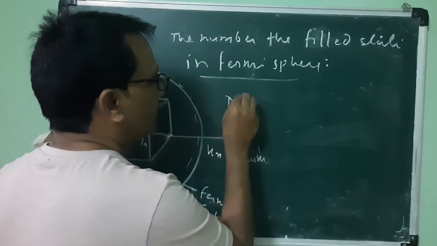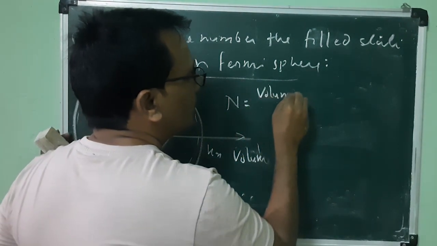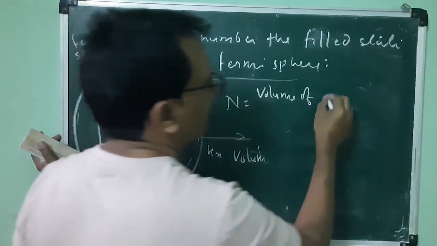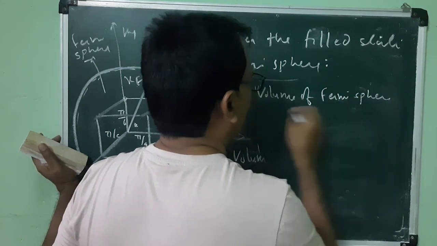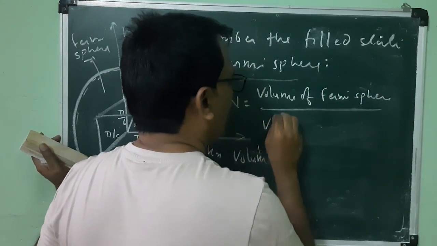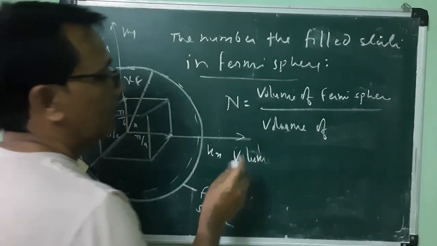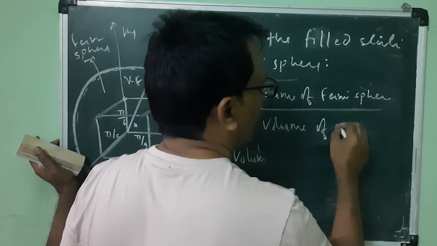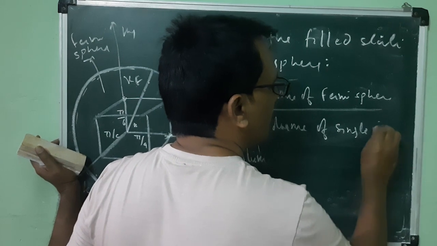which is denoted by capital N here, and this is equal to the volume of this Fermi sphere upon the volume of this small single state.